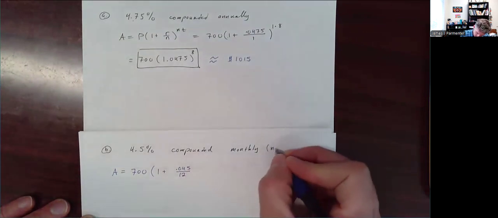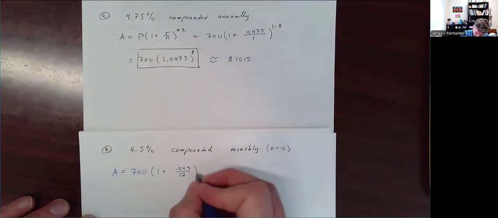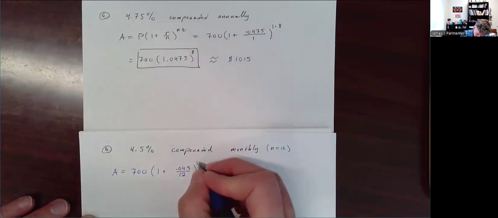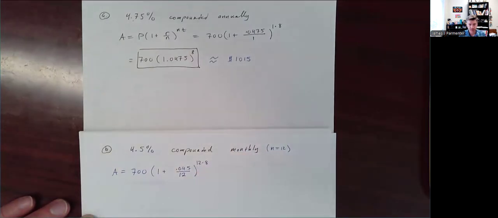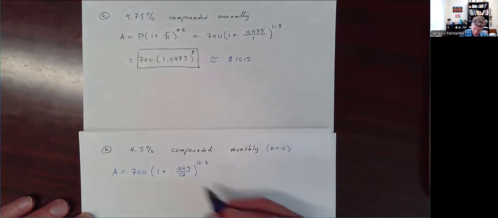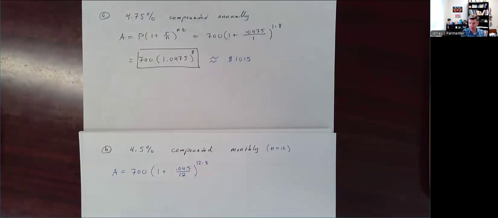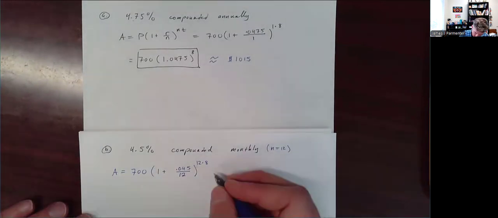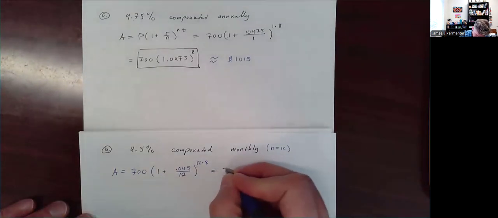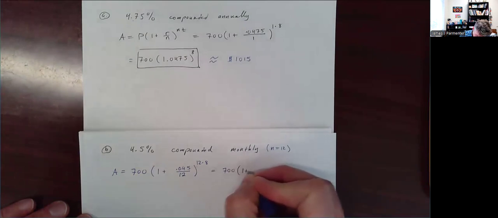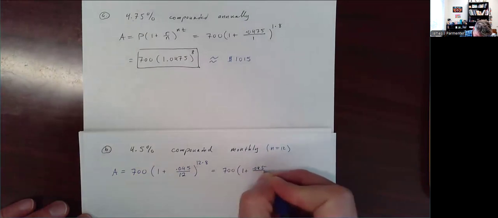That's going to be an n equal to 12, raised to the 12 times 8 power. And the only thing I can really simplify here, I mean, I can't simplify 0.045 divided by 12 without a calculator really meaningfully. So I could write this as 700 times 1 plus 0.045 over 12.